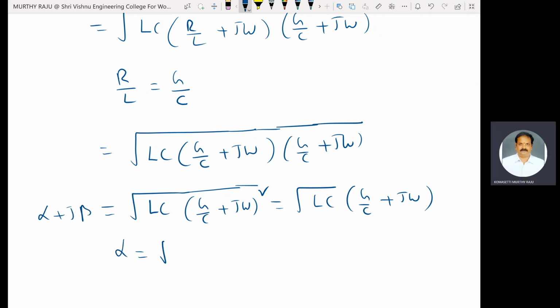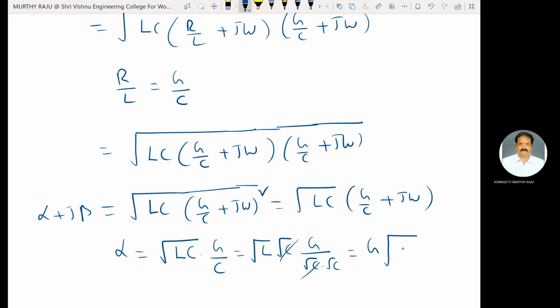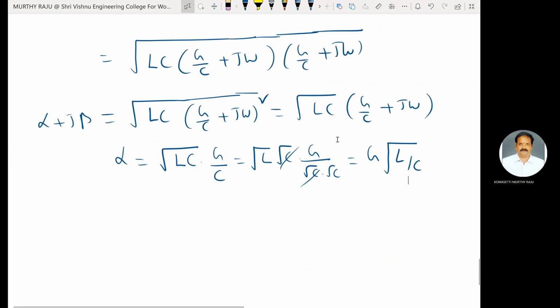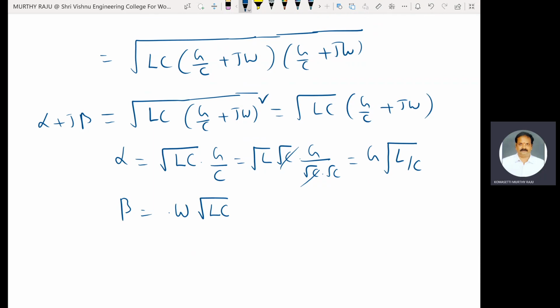Therefore, alpha is equal to root LC into G by C, which is root L into root C, G by root C into root C, so root C cancels. Therefore, alpha is equal to G into square root of L by C. Beta is equal to omega root LC.